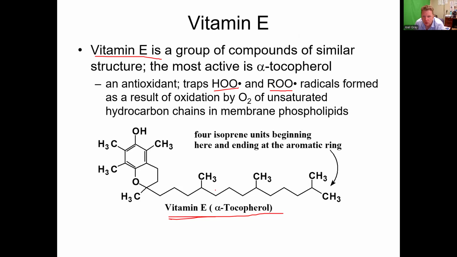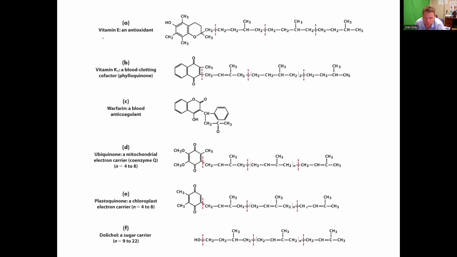Now, if you look at this long hydrocarbon chain, that's what makes it very effective for capturing these free radicals. By virtue of having these long hydrocarbon chains, that's how it's going to work as an antioxidant.